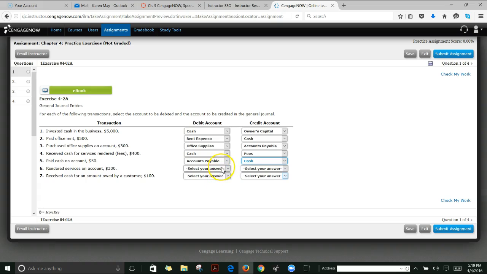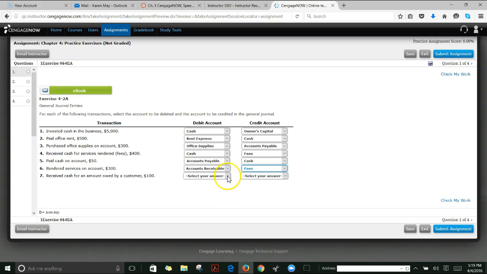Rendered services on account. What that means is that we have customers or clients that are promising to pay us at a later date. So that's a receivable. We hope to receive that money. So we will debit that asset receivable and we will credit our fees since it does increase our owner's equity or our income.